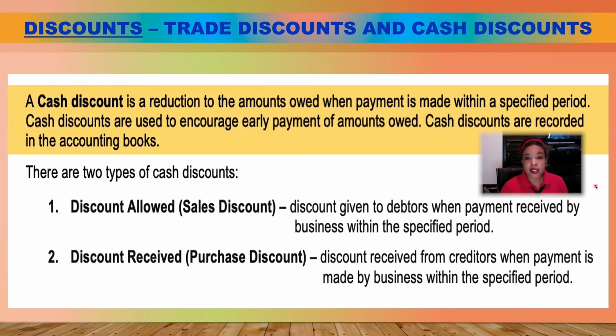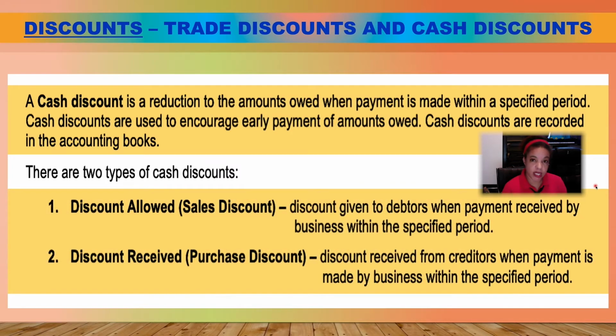So that brings us to what the third columns in your cash book are actually for: cash discounts, which are like any other discounts. It is a reduction in a certain amount. In this case, it is a reduction in amounts owed. So there are two cash discounts that we will encounter.